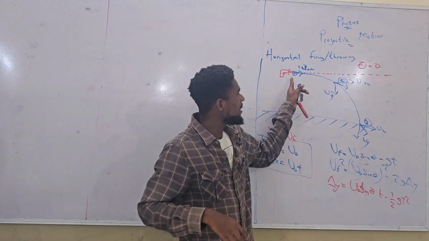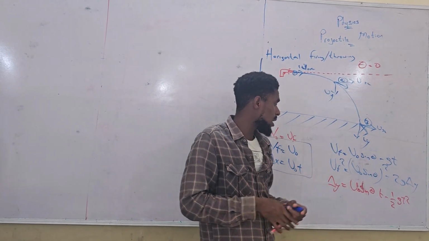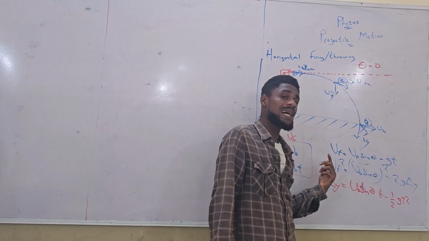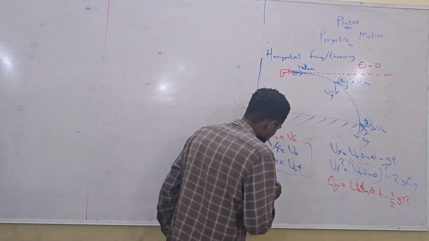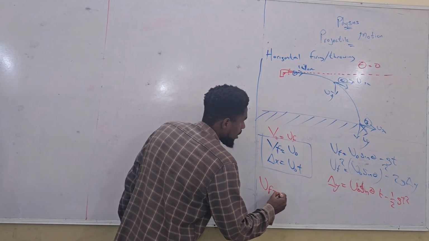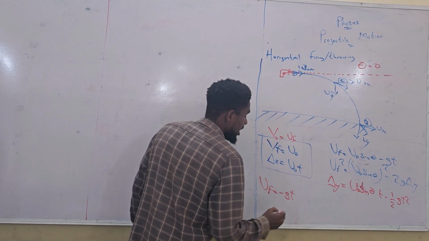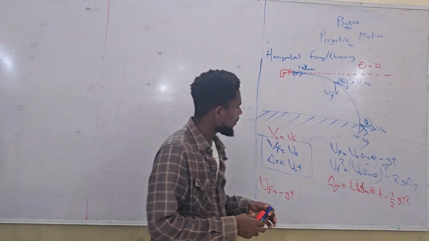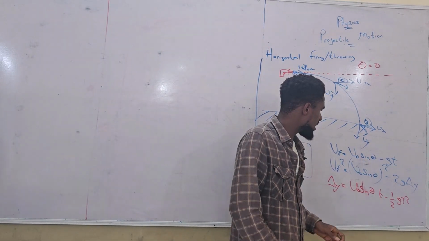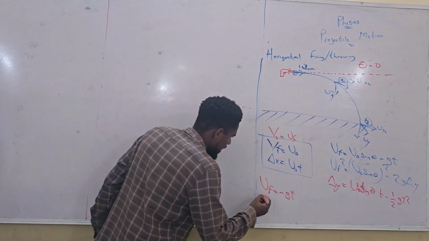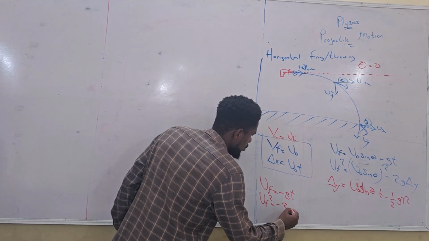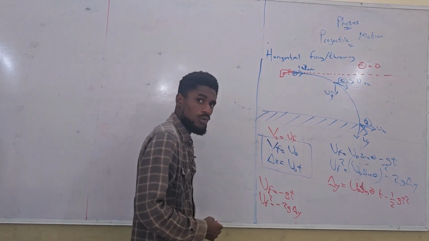Now, if my firing angle theta is equal to 0, sine of 0 is 0, so everything here cancels out. My first conclusion is that Vf must be equal to minus gt. Again, putting 0 here, V final squared must be equal to minus 2g delta y.